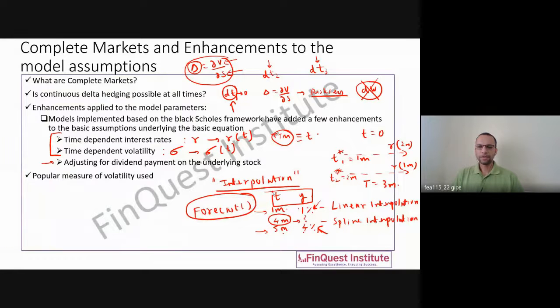It's easy. Now when you say linear interpolation, that implies that you're trying to fit a straight line. Given these two data points, you fit a straight line between them.